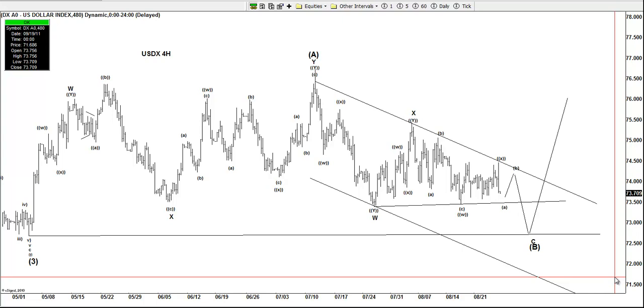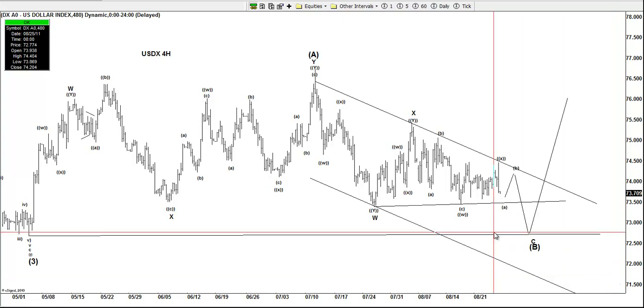And then there are multiple scenarios on the dailies and the weekly that we are taking into consideration. But at the end of the day, on the dailies and weekly chart, the dollar should get weak after all. That's clear. Now, in the 4 and the 8 hours on the dollar, this is what we like.